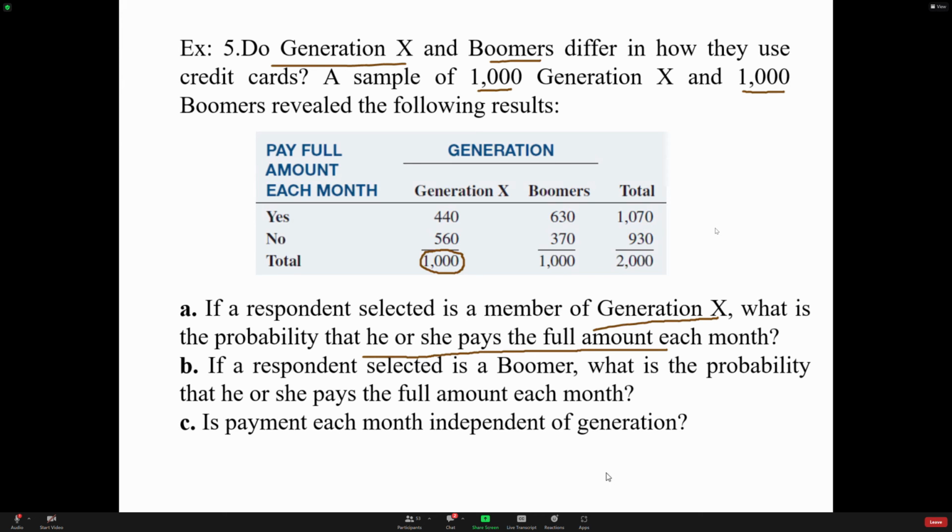For part A, we just take 440 from Generation X who paid the full amount every month. Out of Generation X, the total sample space is 1,000. So the answer will be 440 over 1,000.